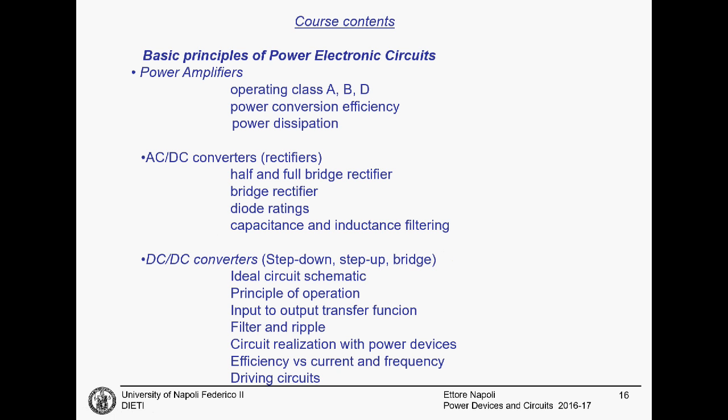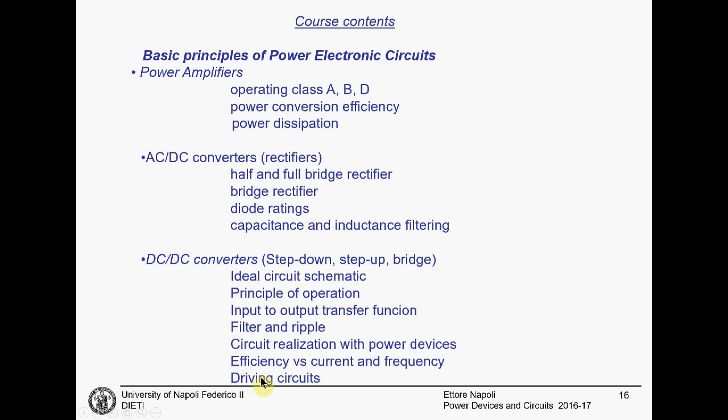Then we will study the DC to DC converters, circuits that convert a constant voltage to another constant voltage of different value, actually an unregulated input voltage to a regulated output voltage that is constant and will not vary in time. We will study the circuit schematic, principle of operation, transfer function. We will talk about filter and ripple, how to build them with actual power devices. And we will discuss efficiency as a function of current and frequency of operation.